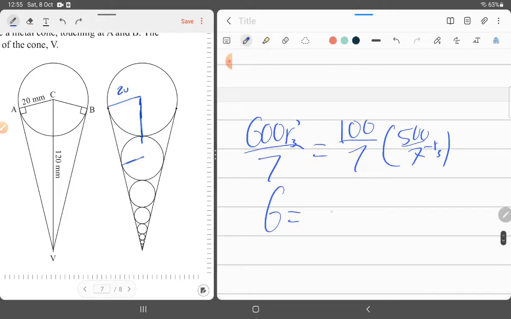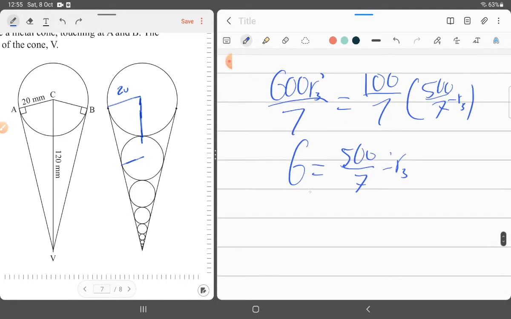Six is equal to 500 over 7. Take away R3. Take away 5. So R3 is equal to 458 over 7.